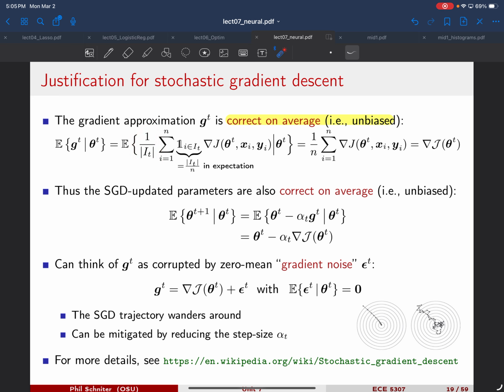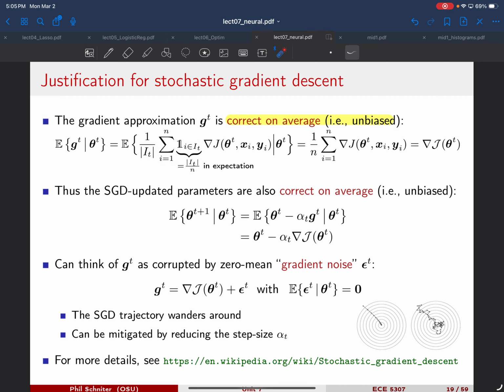And here what I'm doing is a sum over all n samples, but I have these indicator functions. This thing is either going to be 0 or 1, and it equals 1 whenever the index of the sum is in the set I_t. In that case, it is included in the sum.